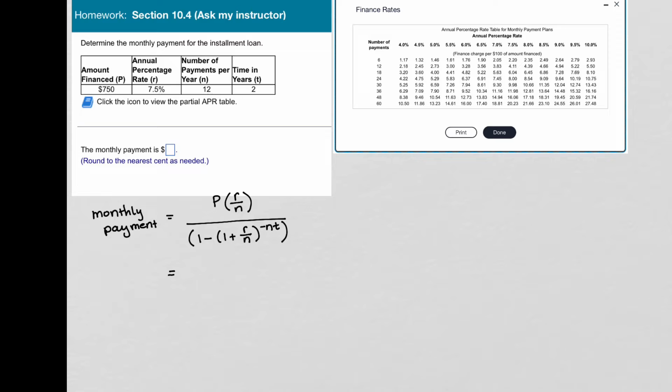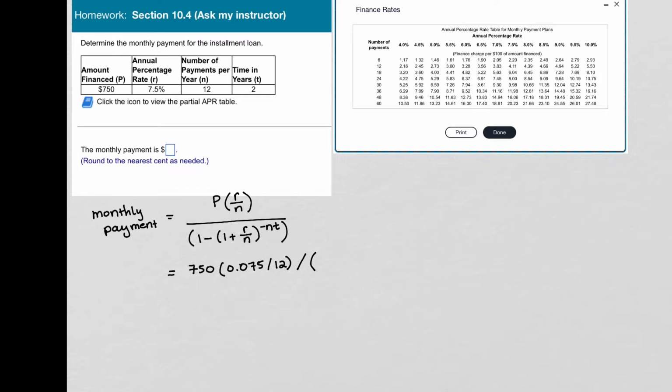So when I put this into my calculator, I'm going to do 750, which is our amount financed, times the interest rate, 0.075, divided by 12. And then we're going to divide that by that whole denominator.